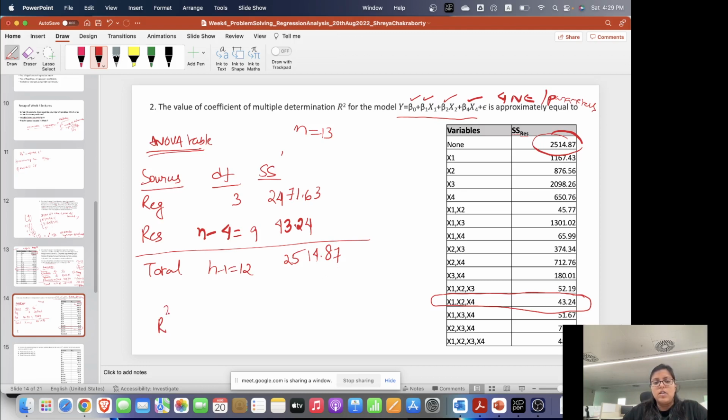Then R square would be SS regression by SS total, that is 2471.63 by 2514.87. This would be 0.98 approximately.